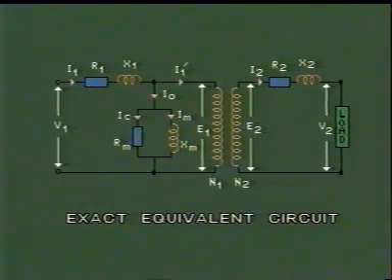The exact equivalent circuit of the transformer has been shown once again, where V1 is the primary input voltage. E1 and E2 represent the EMFs induced in primary and secondary windings.